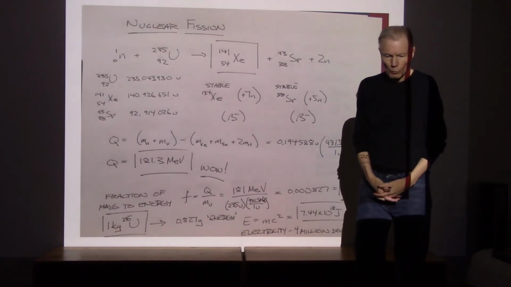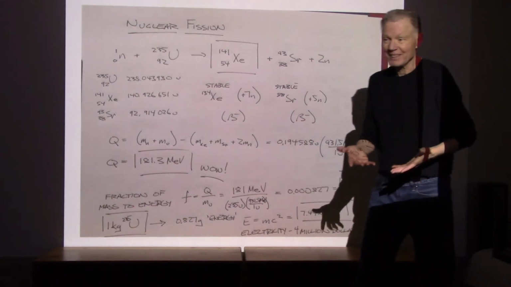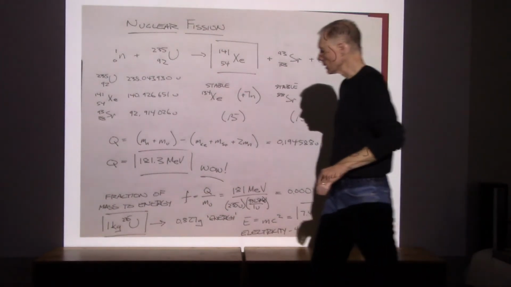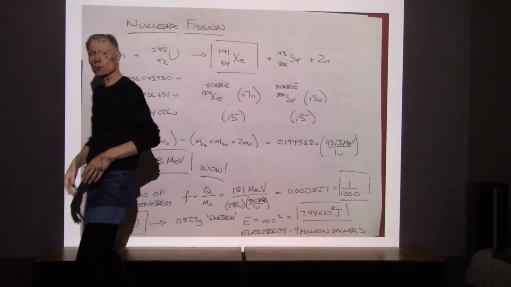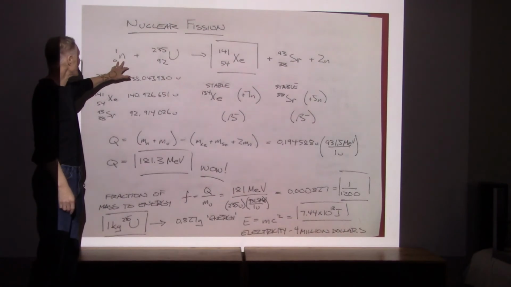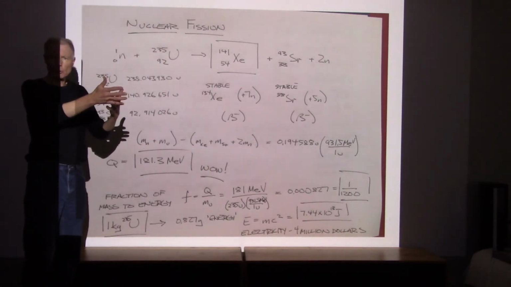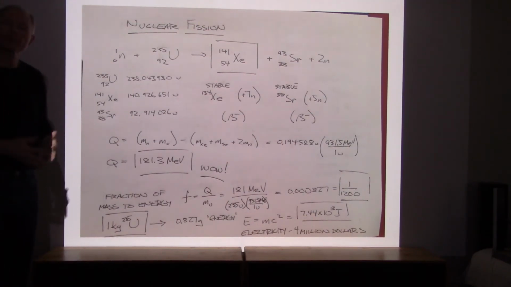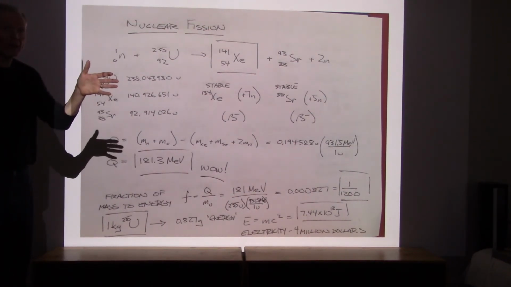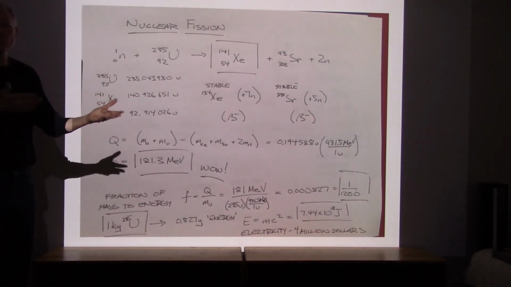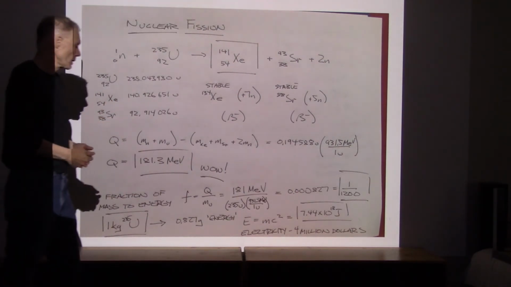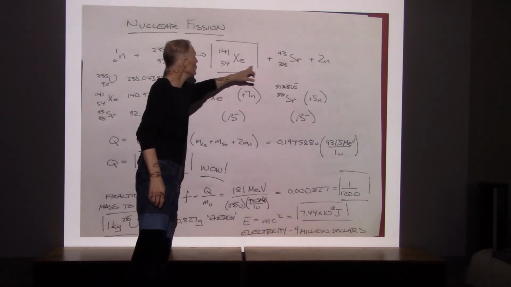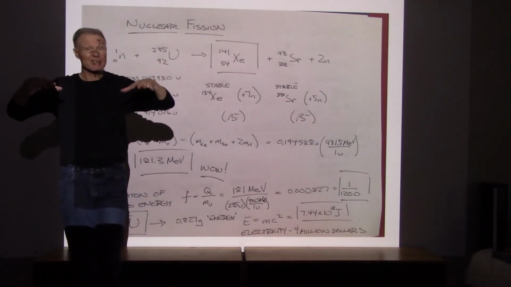Now, with fission, there are like hundreds of different possible outcomes. Even though we start each time with kind of the same reaction, we send a neutron in and it reacts with the uranium-235. The uranium-235, with the neutron added, it can split into many different possible ways. But characteristically, what we end up with are two pretty good-sized nuclei.